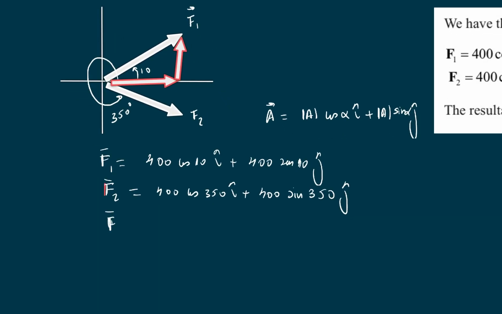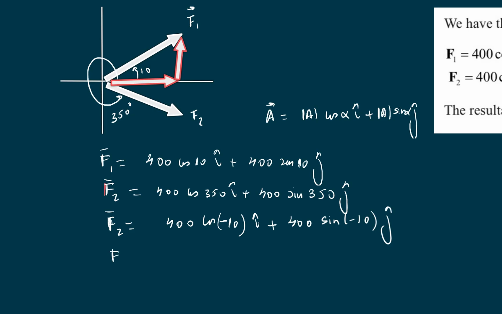F2 can be written like this: 400 cosine of minus 10, because cosine of minus 10 is the same as cosine of 350, plus 400 multiplied by the sine of minus 10 in the j direction.